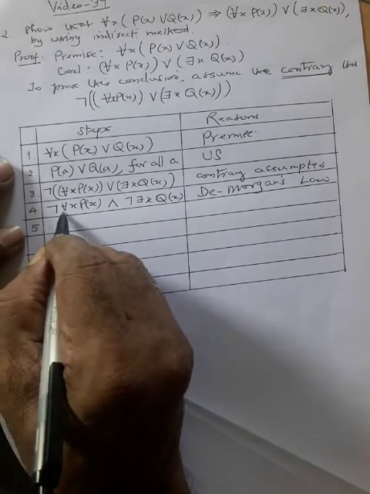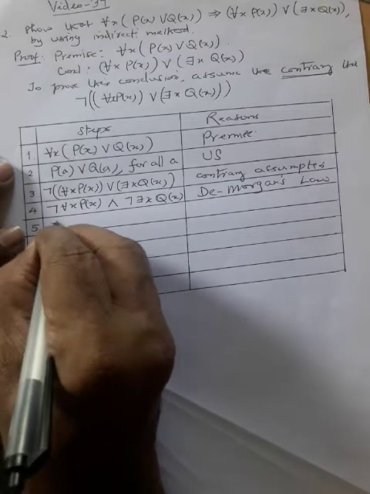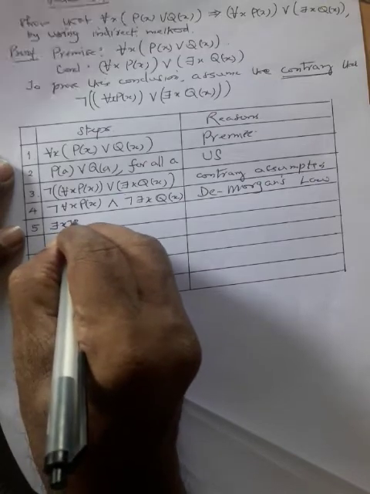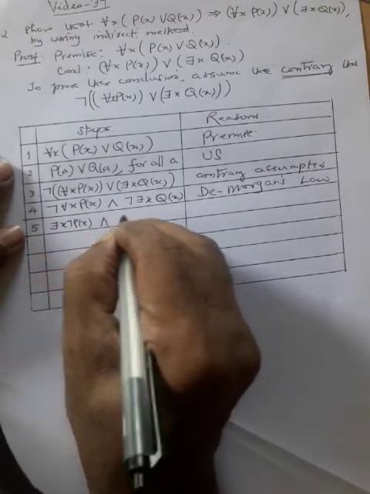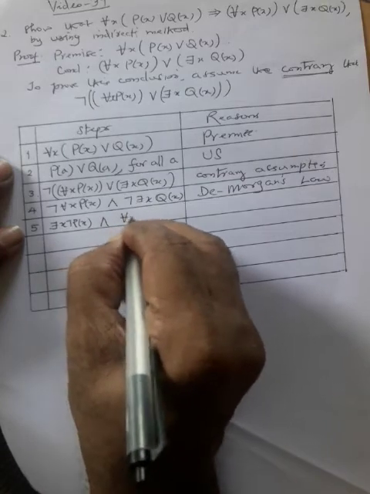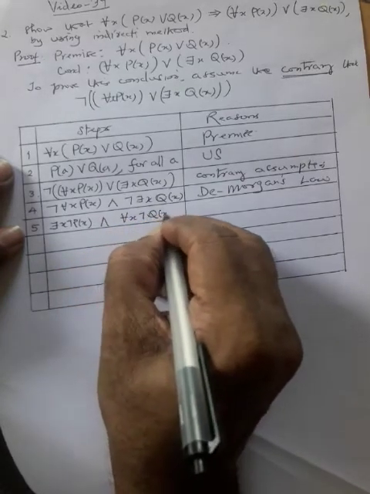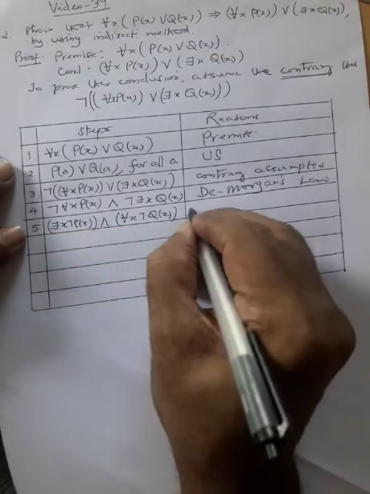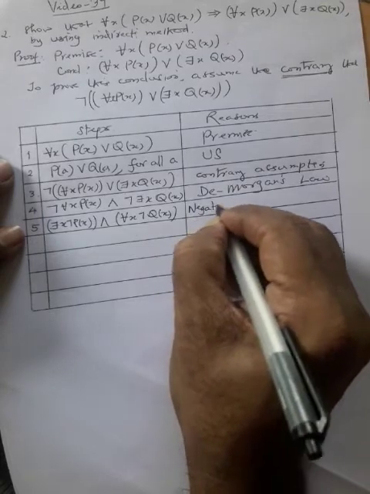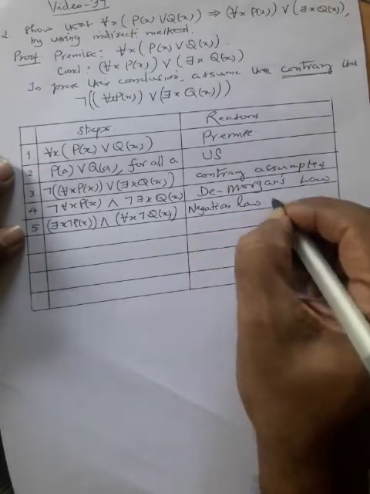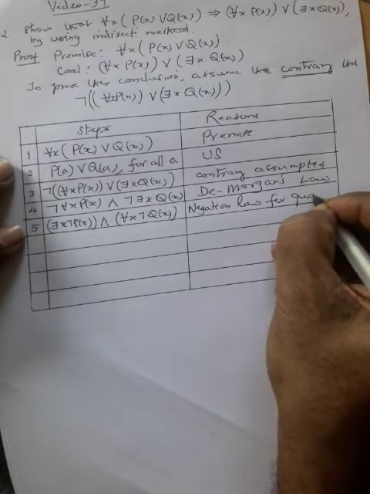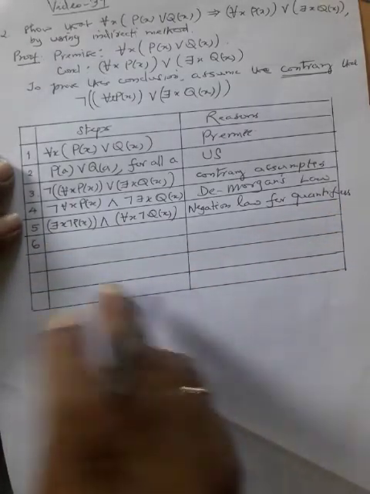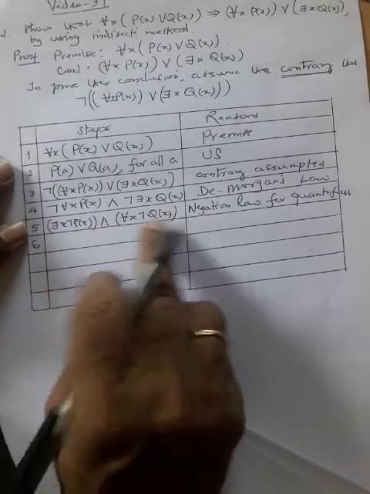The negation of for every x is the same as there exists x, negation p of x, and here there exists becomes for every x, negation q of x. This is the negation law for quantifiers, 6.1. So there exists x, negation p of x, and is there.